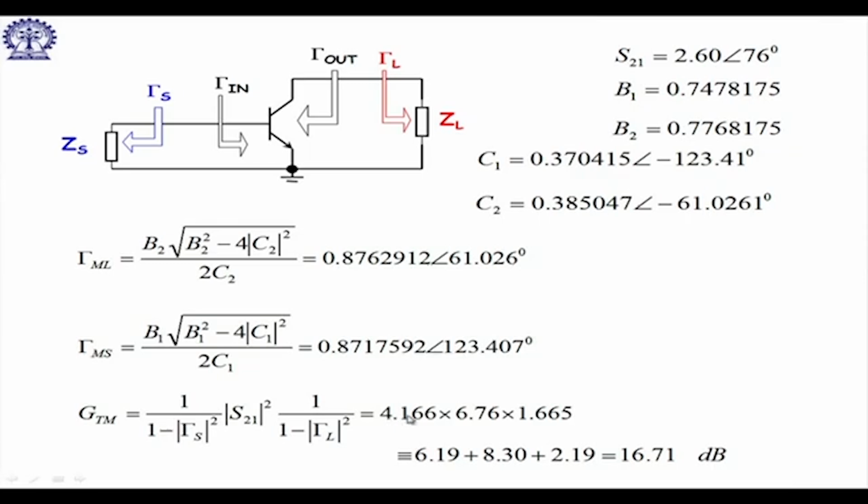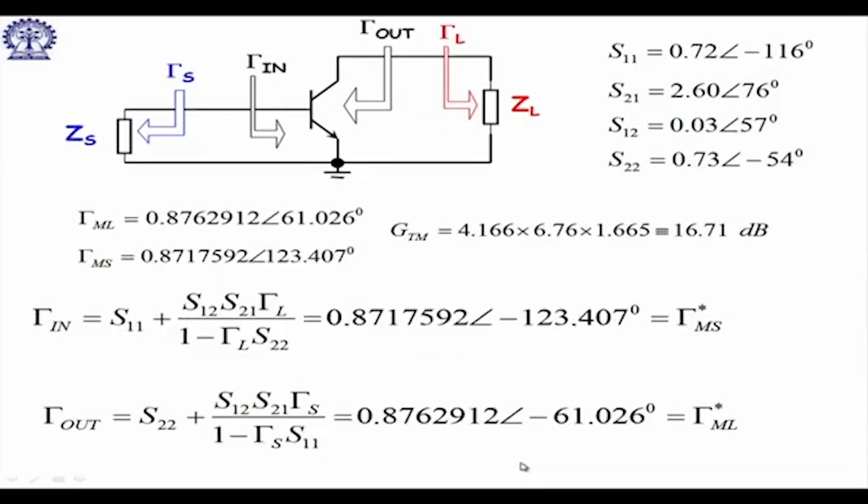So, roughly 4.1 into 1.6, or in dB scale, 6 dB and 2 dB. So, an RF microwave designer can extract additional gain, 8 dB, from the actual device whose gain is only 8.3 dB. So, what is the gamma in value, you see this, and gamma out is this.